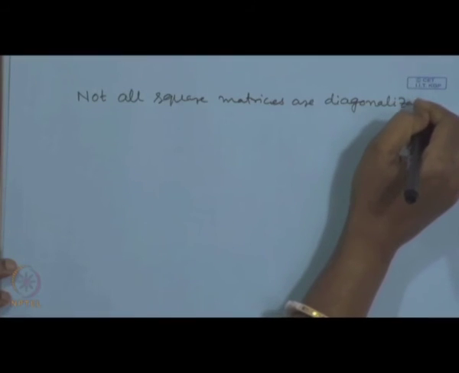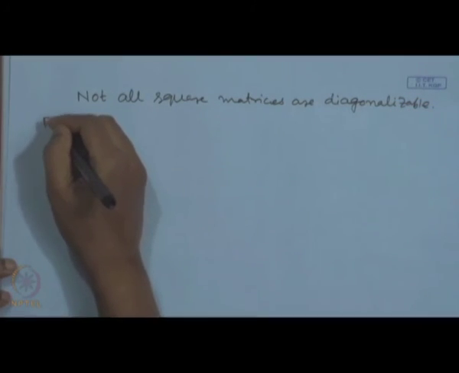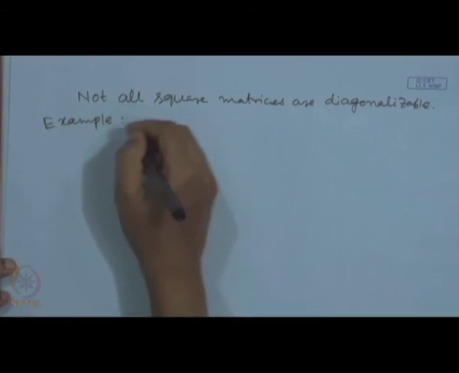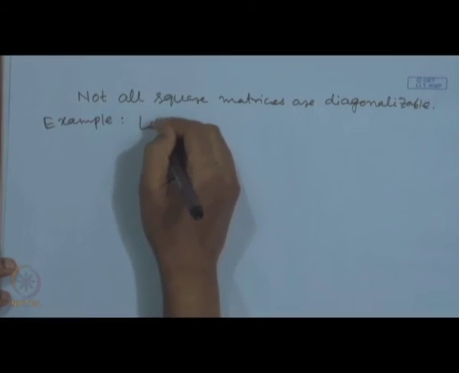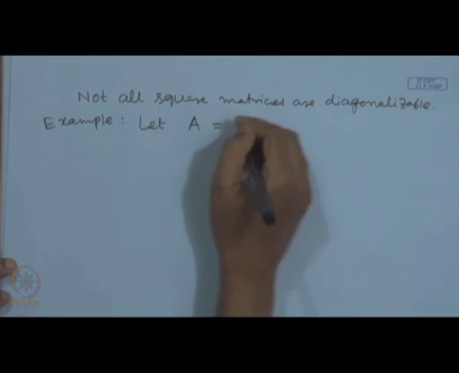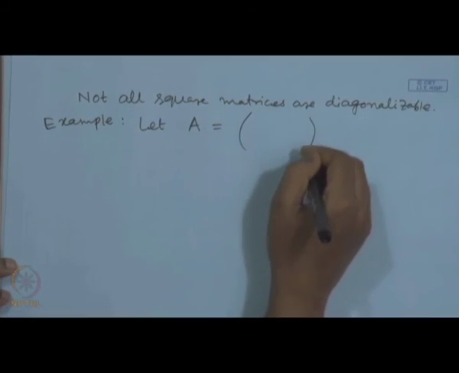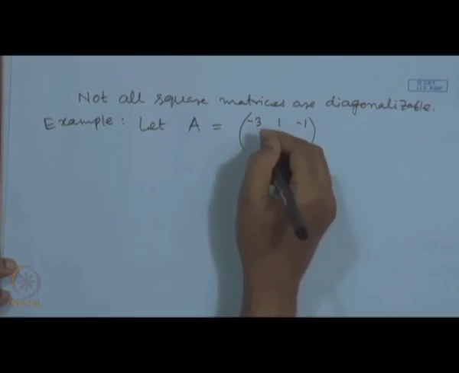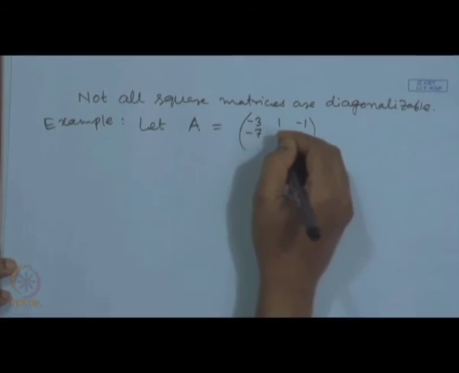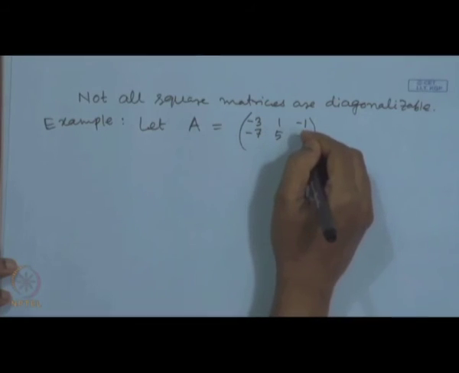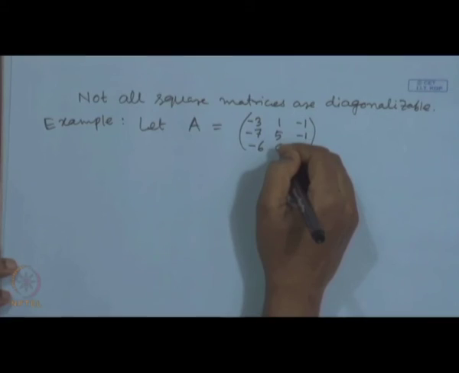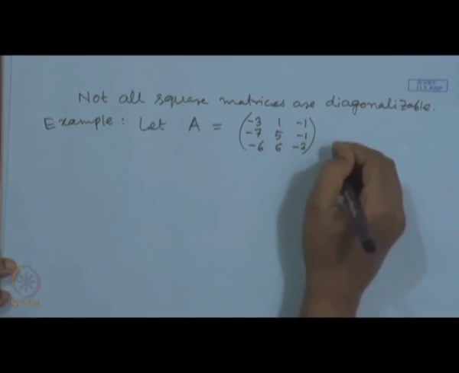Here we consider the matrix A like this: minus 3, 1, minus 1, minus 7, 5, minus 1, minus 6, 6, minus 2.